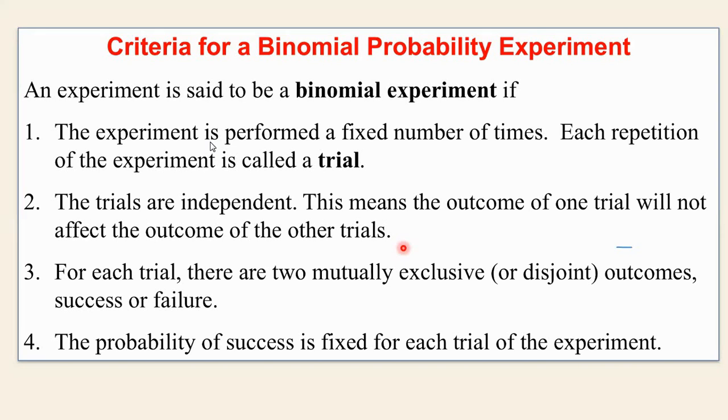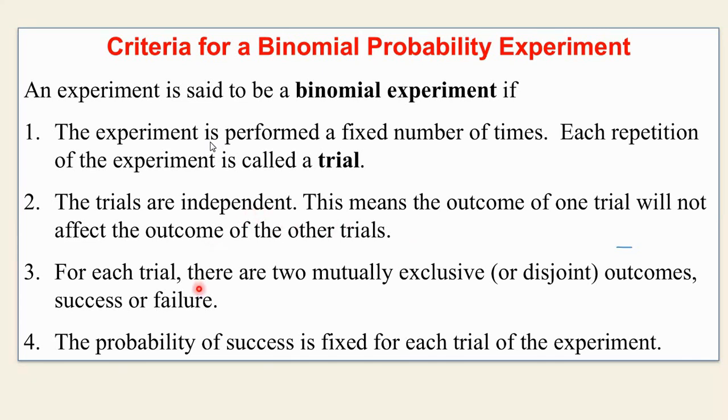Then the second time we are tossing a coin, again we can get head or tail. But the occurrence of the outcome of the second trial will not be affected by the occurrence of the first trial. That is called the trials are independent.